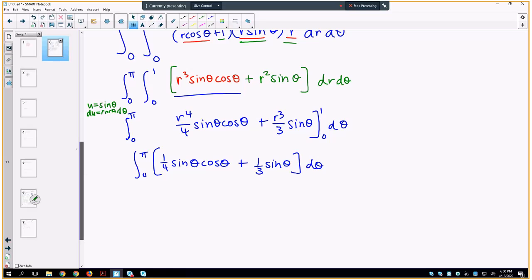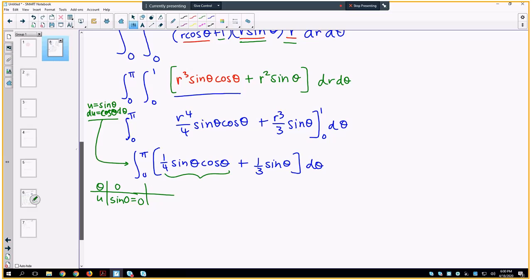And here's where I'm going to make the substitution that I was describing. So I let u equal sine theta, du cosine theta d theta. If I change my bounds between theta and u, and this of course is just taking care of this much. Theta was 0, I plug in sine of 0 is 0.